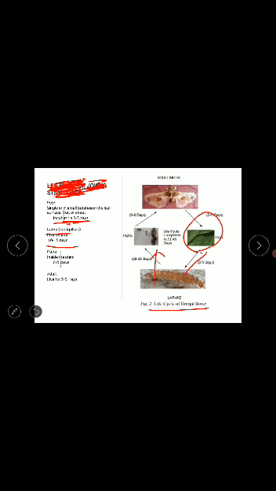So 6 to 8 days are required for the process of pupation, meaning the pupa converts itself into the adult. When the adult emerges from the pupa, the adults remain alive for 2 to 5 days. So this is about the life cycle of the brinjal fruit borer.